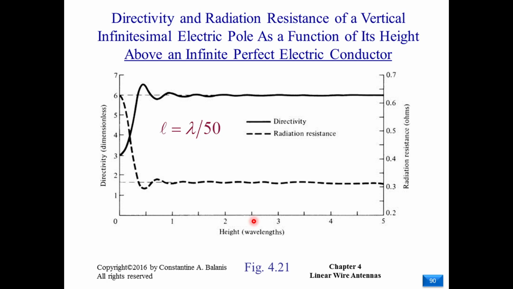And this is the curve showing the directivity and radiation resistance as a function of height. The radiation resistance is on the right, the directivity on the left. And this is for a very short, infinitesimal dipole.